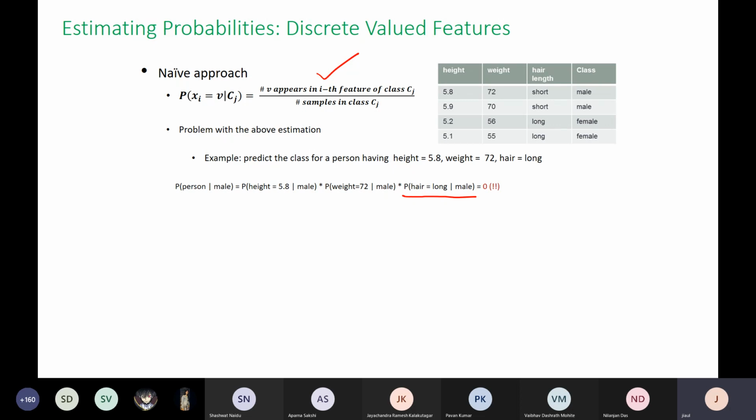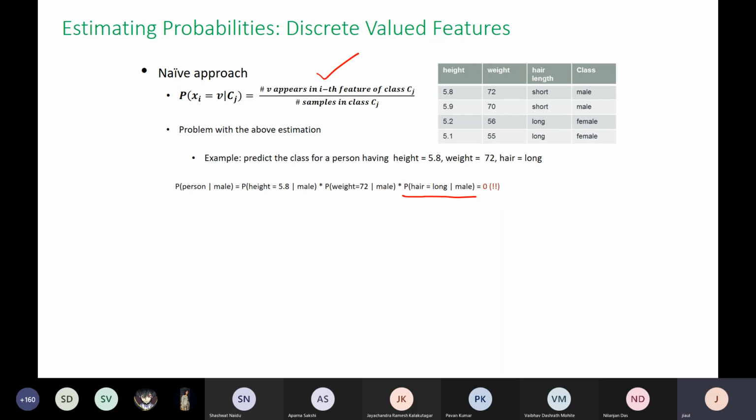Nowhere in my little training data is there a male person with long hair. But in reality, it can happen, right? A male person can have long hair. It's only because I was not able to collect the data appropriately, or maybe I took a little bit of data, not much data, that this is happening.